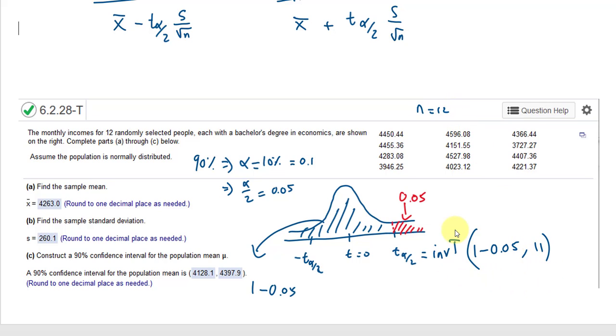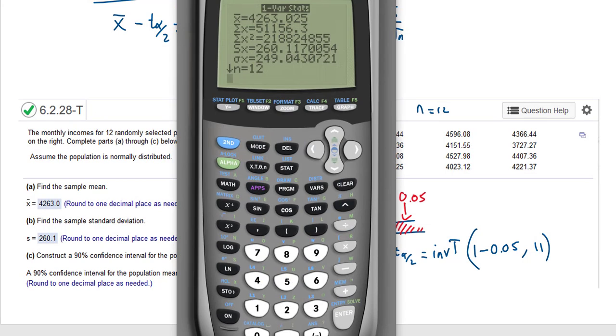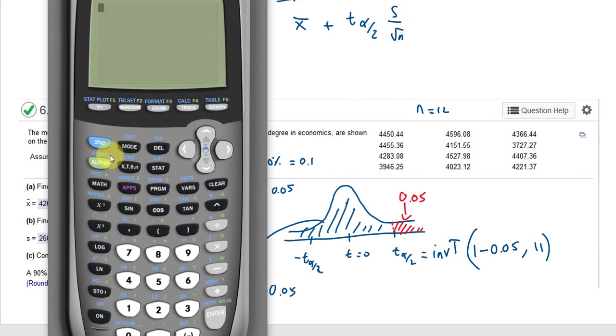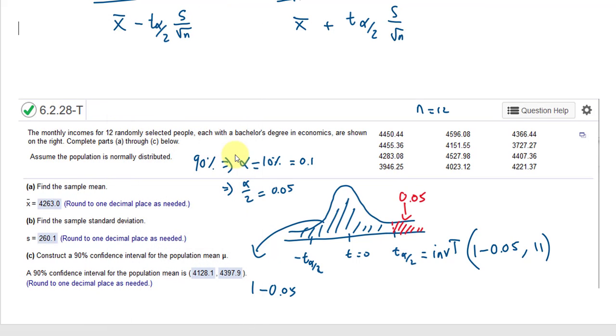And if you use the calculator, we can go to second distribution, inverse T, area 1 minus 0.05, 11. That will give me 1.79, 1.80. Let's just round 1.80. So it's around 1.80. And now you have everything.